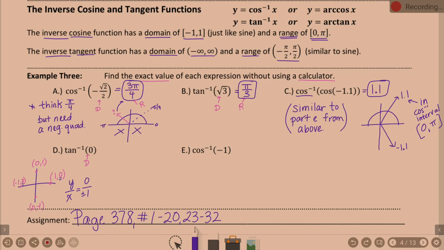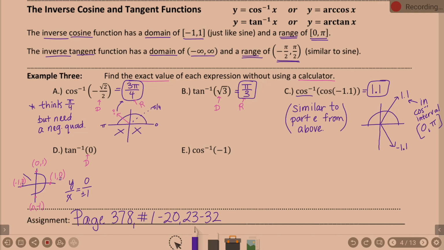Are they both answers? What are the options for inverse tangent? Inverse tangent range options are only the right half.